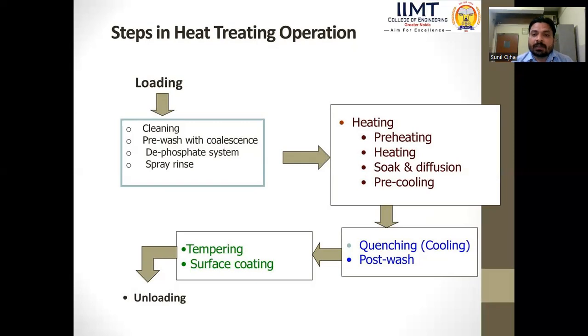First we preheat the material, then heat properly up to the desired temperature. Hold at that temperature, which is called soaking, and diffusion, so that the material has enough time to change its properties, and pre-cooling.